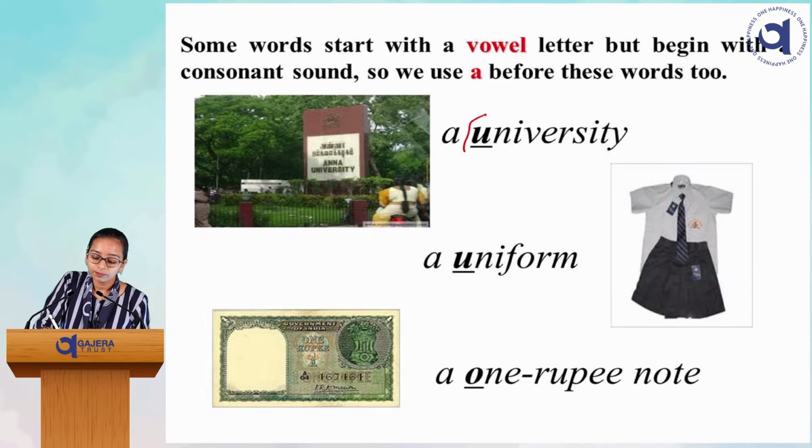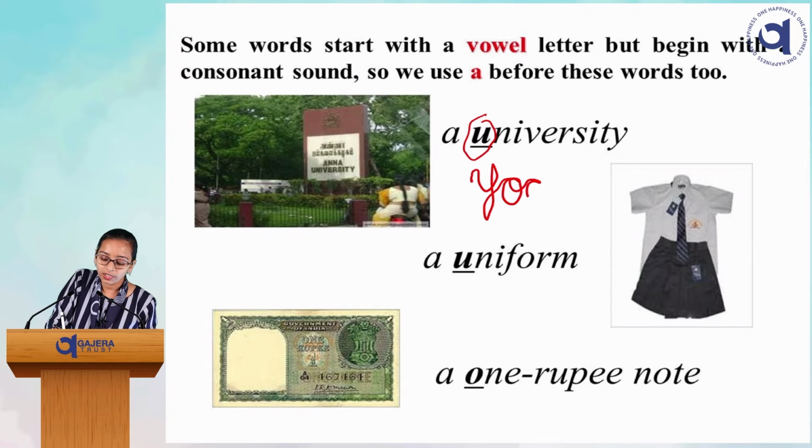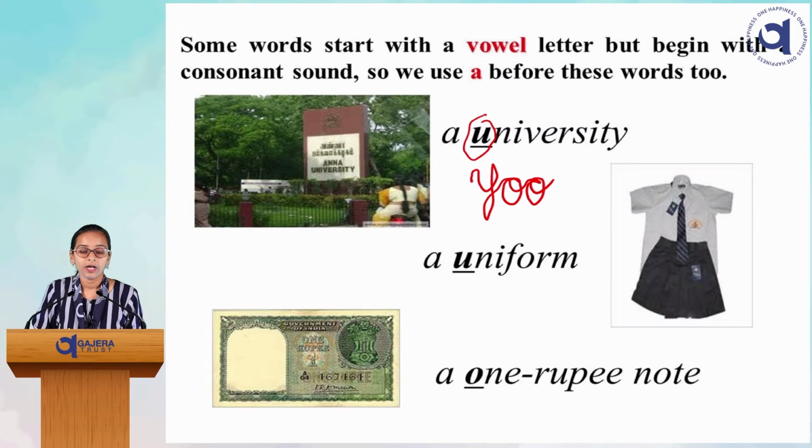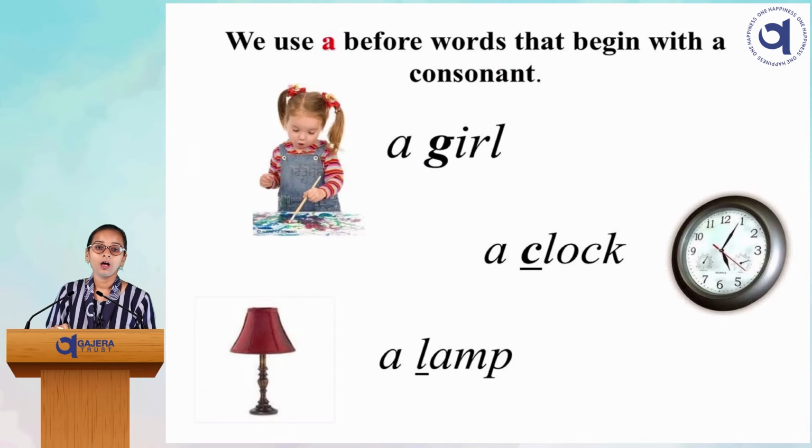Here, university starts with the sound of U, which is why we have written A. Same with uniform, and here 1: O and E are written, but we say 1, so here also we have used A. We use A before the words that begin with a consonant.